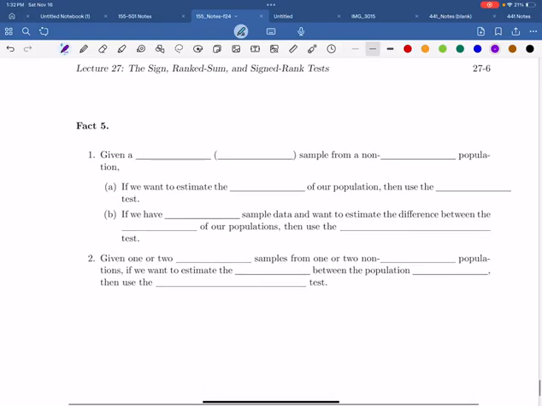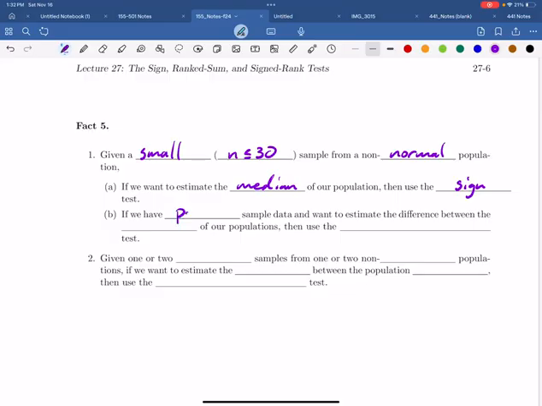So let's very quickly review what we've got here. Given a small sample, n at most 30, from a non-normal population, if we want to estimate the median of the population, then use the sign test.